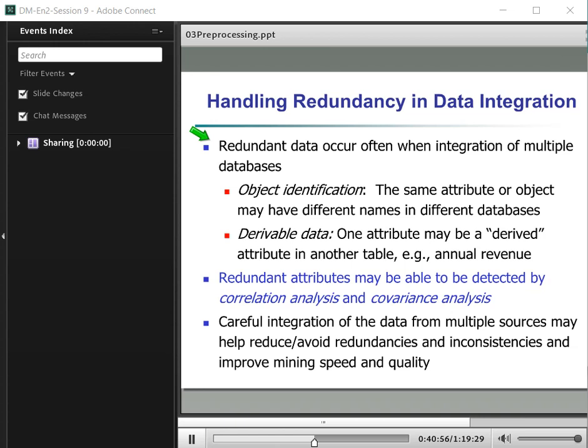Another problem in data integration is redundancy. As I said, data integration happens when I'm handling data in multiple sources and I'm trying to integrate them, to combine them.